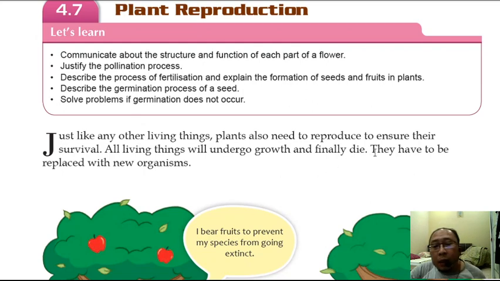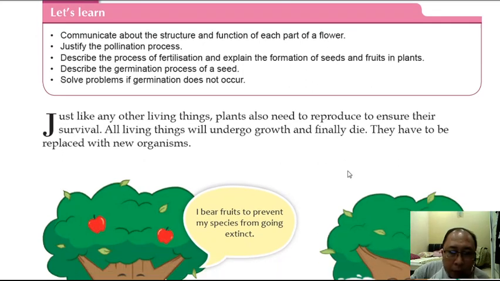What we call a flower plays an important role to make sure a new organism is reproduced. So now the flower itself becomes a part of the reproductive system.